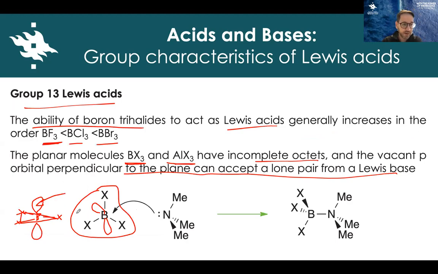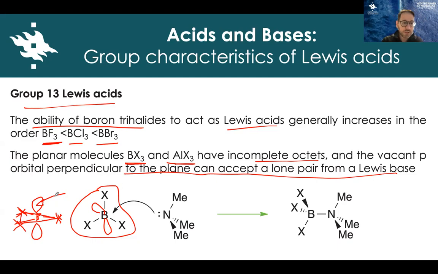Because if we have this molecule, for example, here, which is planar, with the halogens in these positions, the acidity comes from this empty p orbital perpendicular to the molecule. This p orbital is vacant, so it will act by receiving electron donation from the ligands.